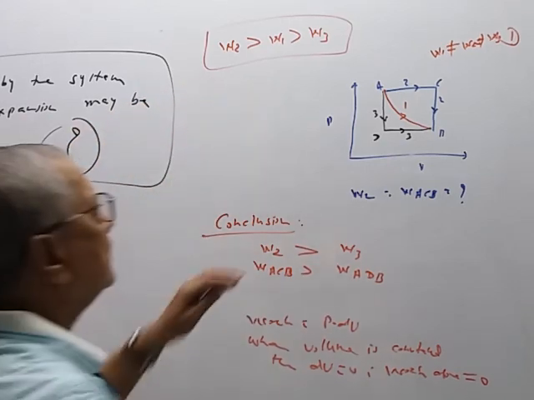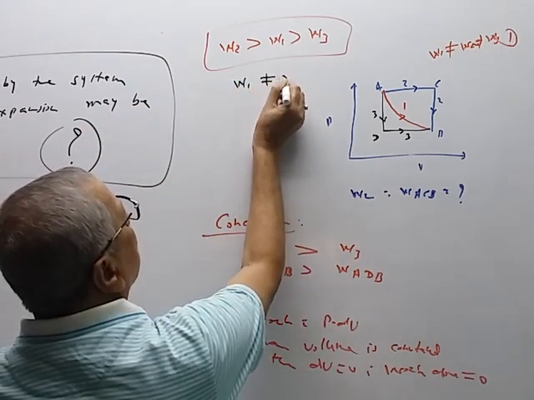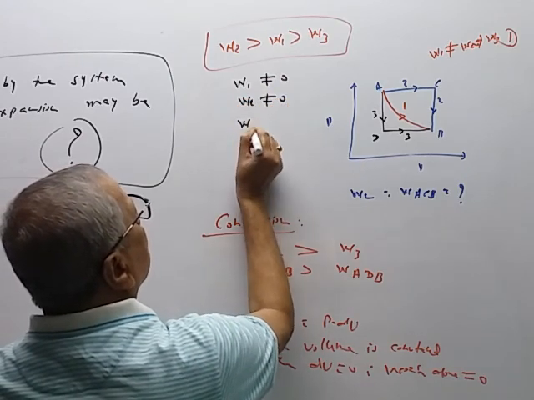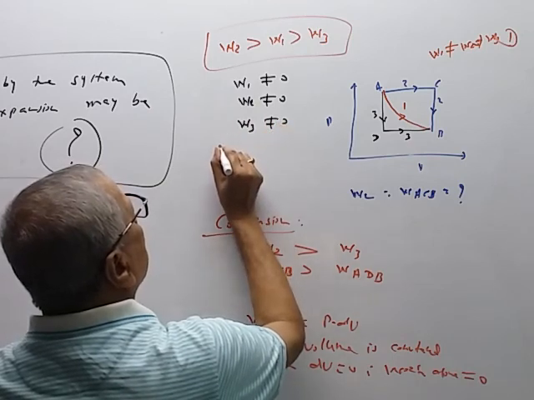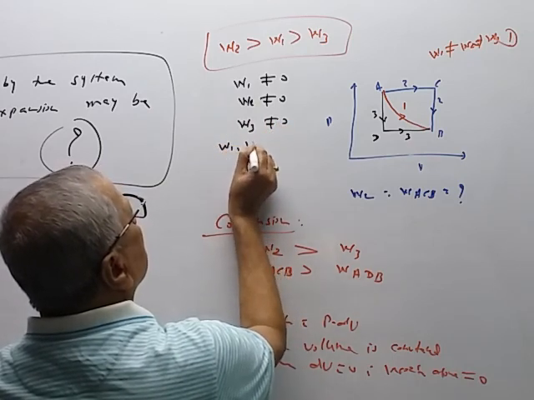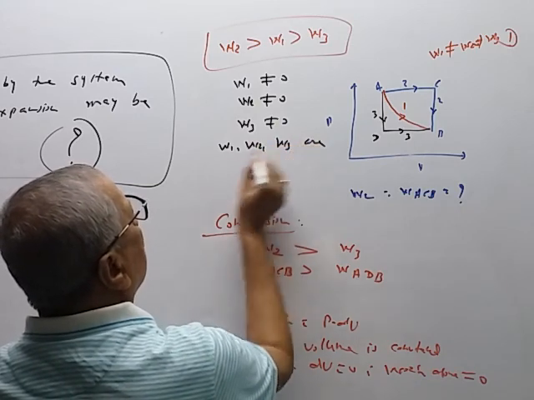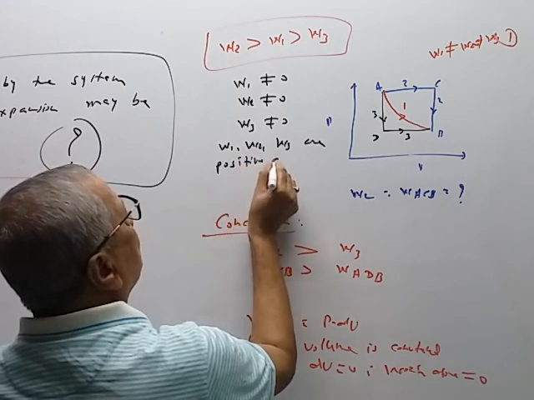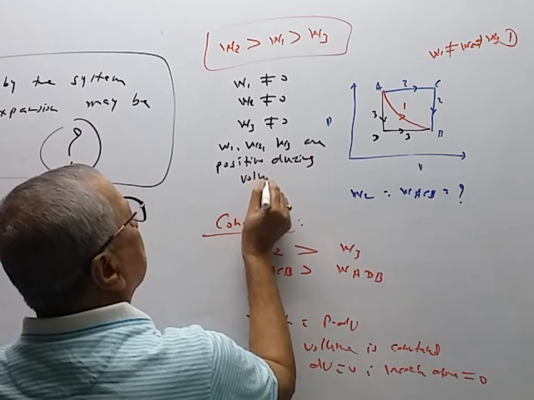So this shows that W1 is not equal to 0, W2 is not equal to 0, W3 is not equal to 0. So W1, W2, W3 are positive during volume expansion.